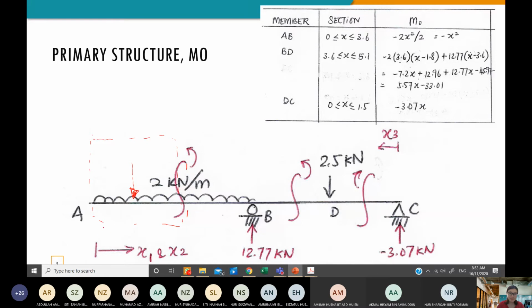The distance to the cut section is X. Therefore the rectangle is 2 multiplied by X, and the distance to the cut section is half of X. If you are not clear which X I'm talking about, this is the X. So now my moment for this cut section 1-1 will be 2X squared over 2, and it is acting in the same direction, therefore it's negative. So you get a negative X squared here.